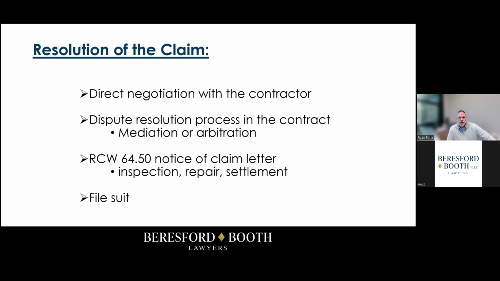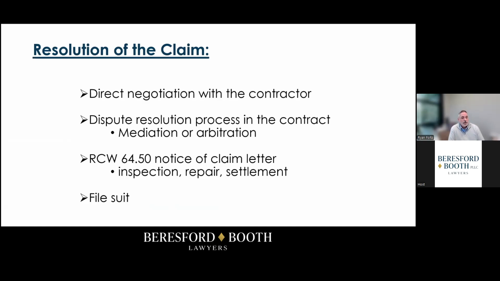Washington State also provides a right to cure statute under RCW 64.50. Under that process, a contractor is entitled to notice of the claim and specific notice as to what defects the owner is claiming. The contractor is also afforded the opportunity to inspect the work to determine what work is defective, and has the option to offer to repair or offer to settle the claim.